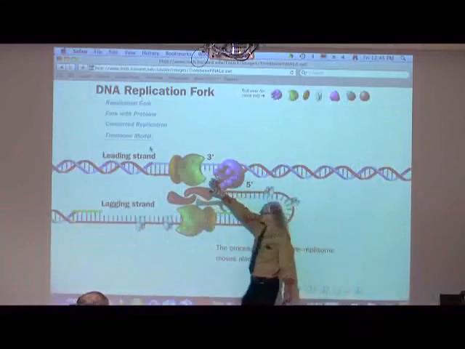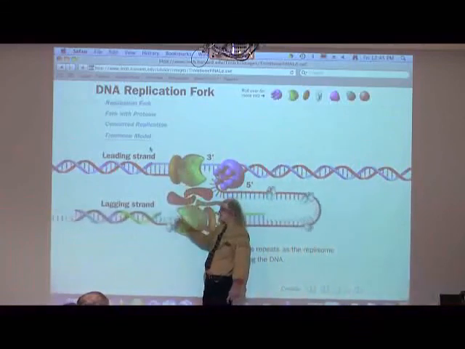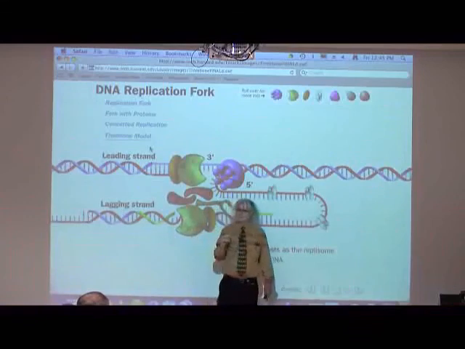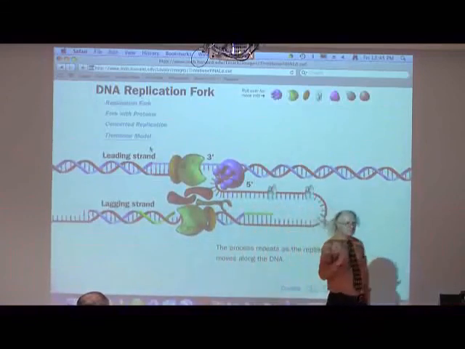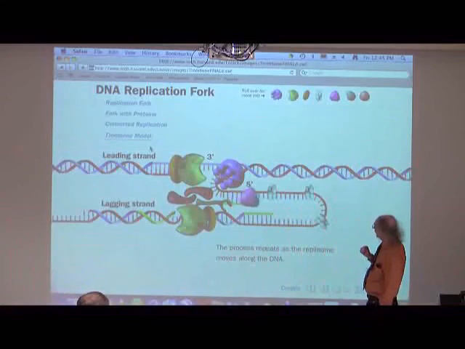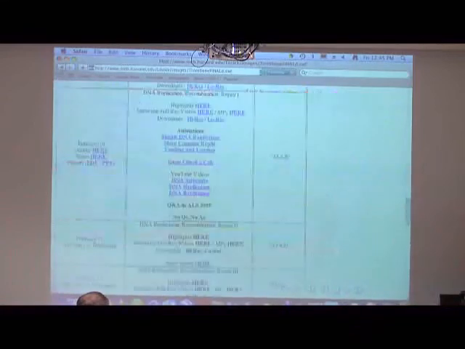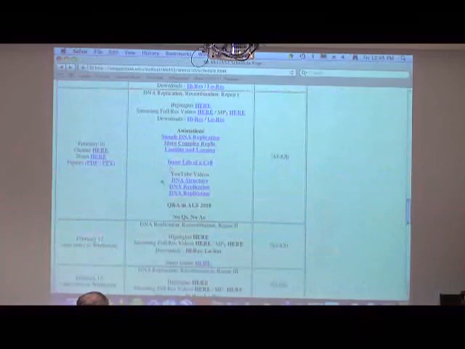And this guy, the leading strand, has to occasionally wait for this guy to catch up. Kind of cool. Okay, that's the general idea of what we're talking about during E. coli replication, and very similar things happen in our replication system as well.